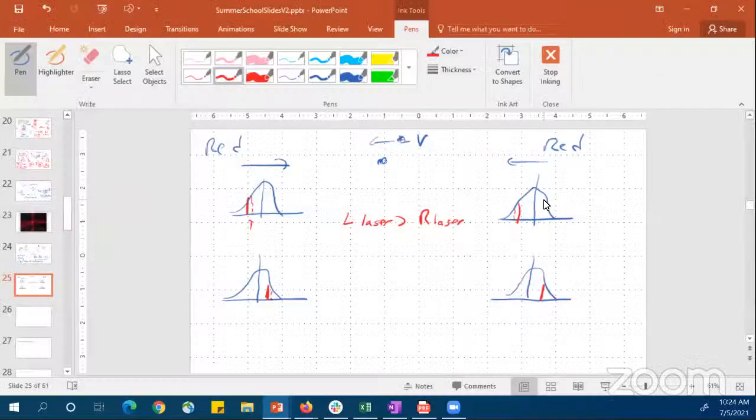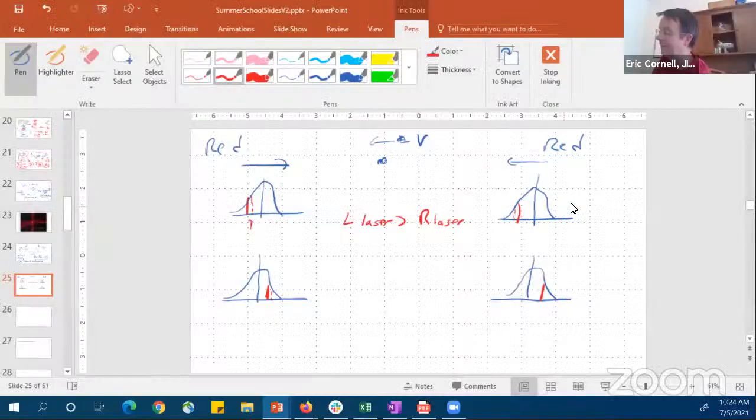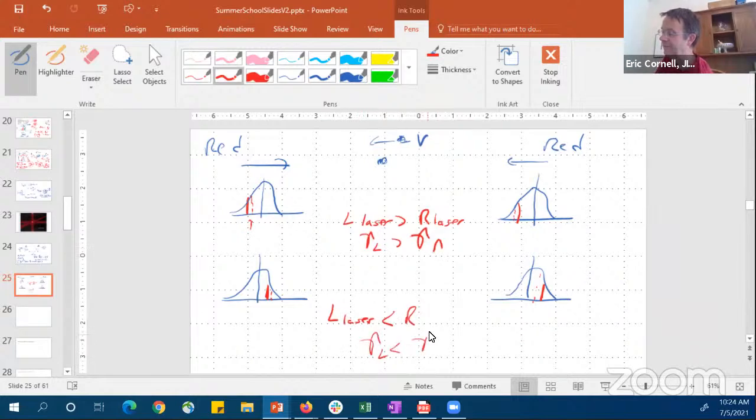I'm moving away from the laser on the right side, so this will get shifted more red. More red is over here. So now I see that the effect of the left laser is less than the effect of the right laser. Probably I should say this is gamma L greater than gamma R. Here, gamma L is less than gamma R. So force is to the right. Here, force is to the left.